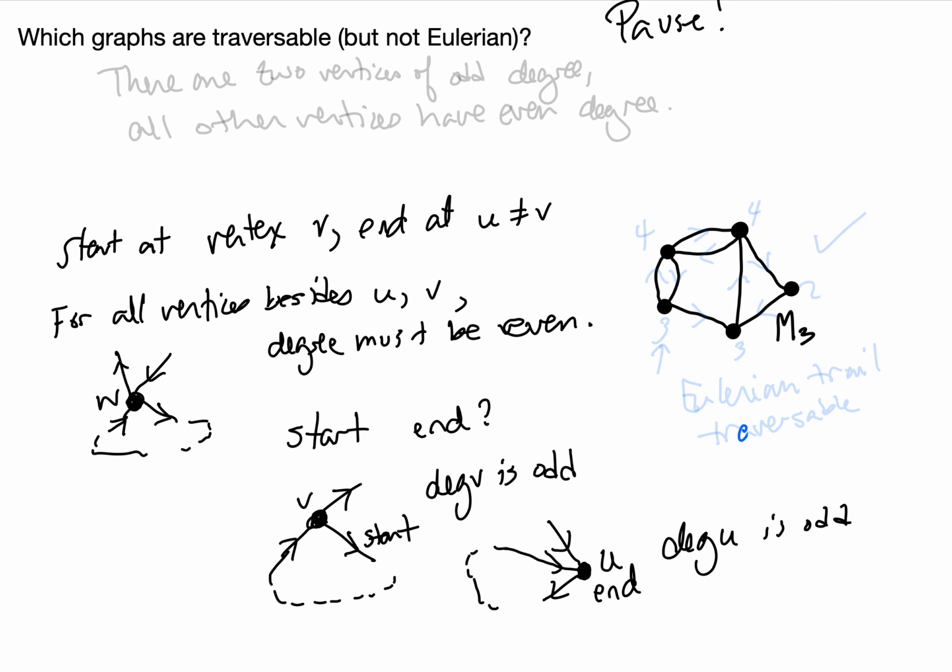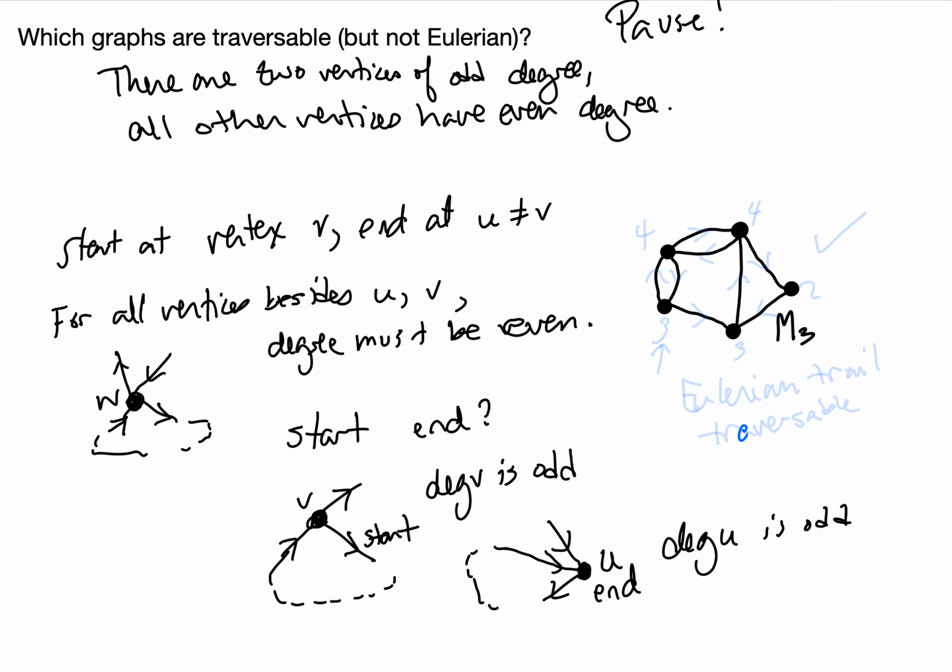So if a graph is traversable but not Eulerian, that means that there are 2 vertices of odd degree and all other vertices have even degree. So a graph is traversable but not Eulerian if and only if there's exactly 2 vertices of odd degree. So let's look at a graph that has that property.